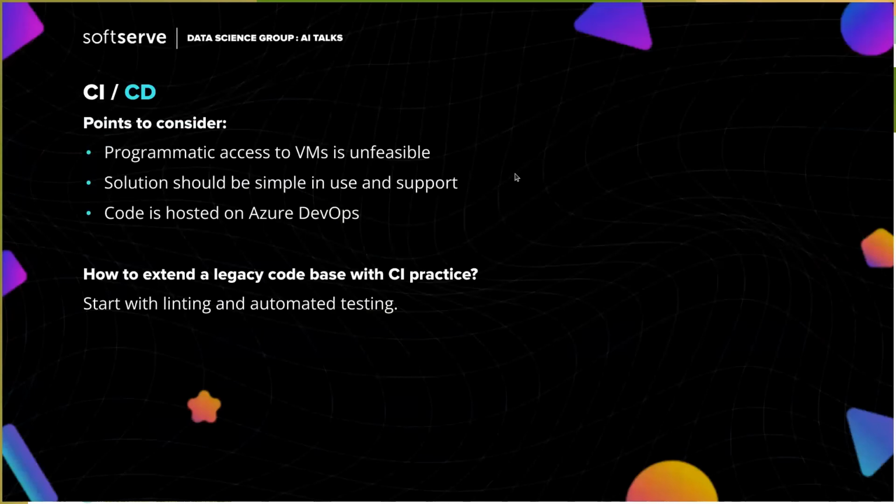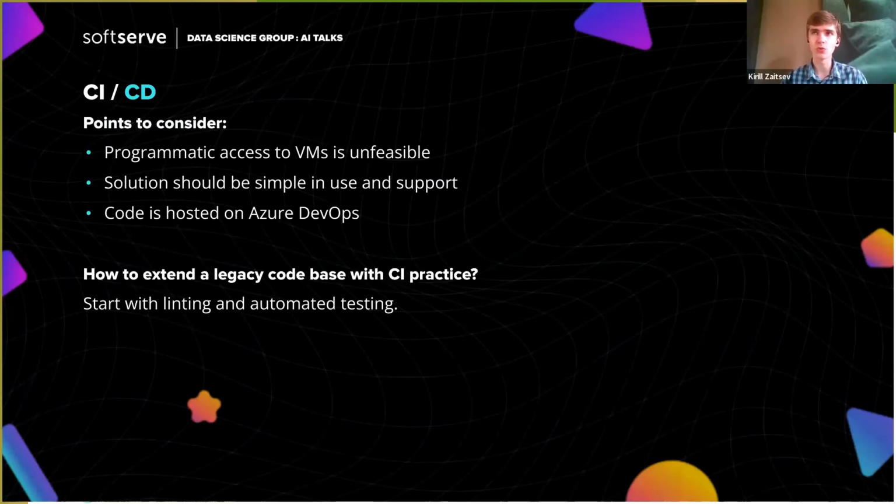Finally, we have come to the CI/CD part of the pipeline. Here, we want to simplify the development process as much as possible, so we need to account for the following. First of all, programmatic access to VMs is unfeasible from an automated CI/CD pipeline, so we can't implement something like continuous delivery.